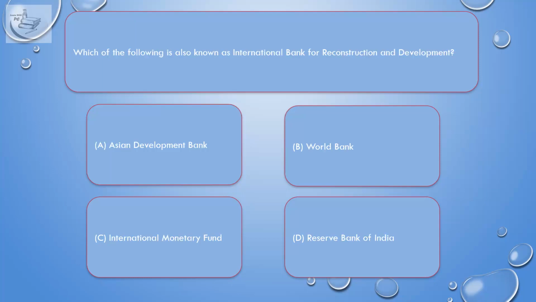Question: which of the following is also known as International Bank for Reconstruction and Development? A. Asian Development Bank, B. World Bank, C. International Monetary Fund, D. Reserve Bank of India. Correct answer is B. World Bank.